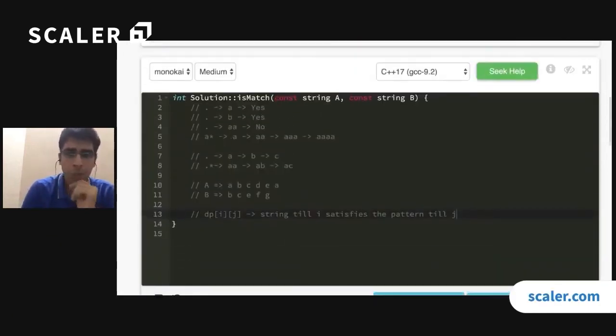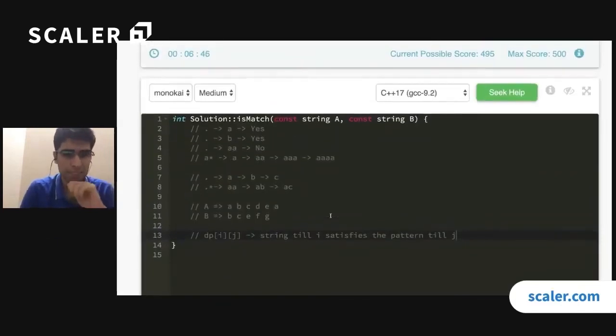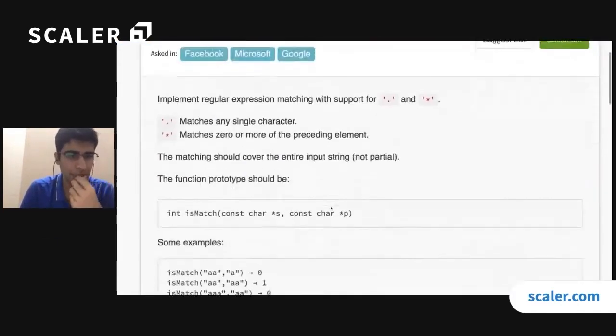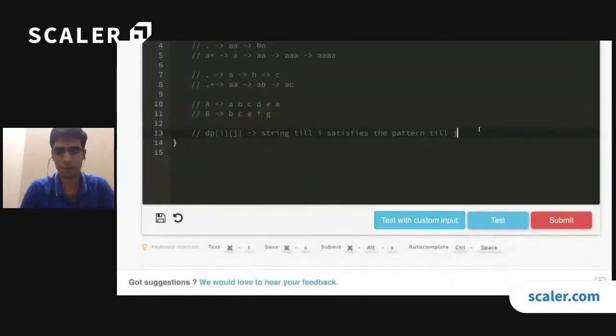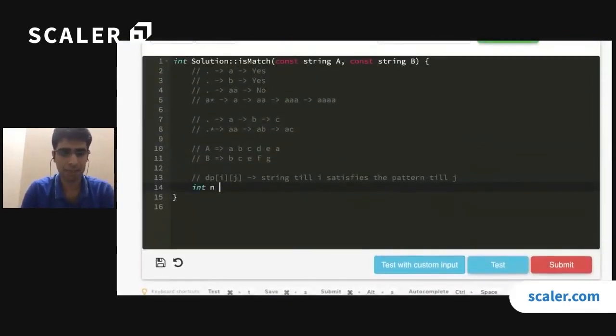Okay. So now I will try to create a Boolean DP state. Let me say that the length of my string is n, and the length of the pattern is p.size.